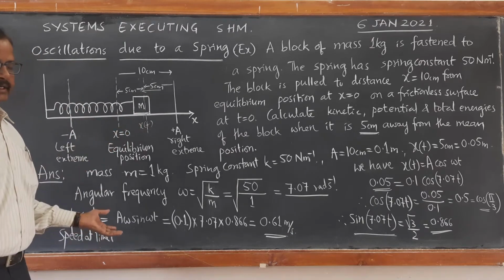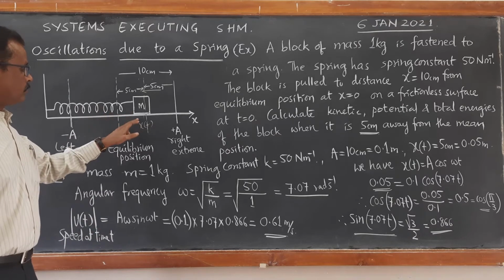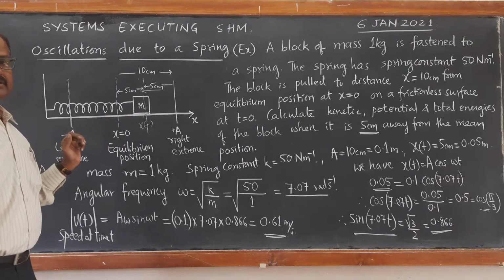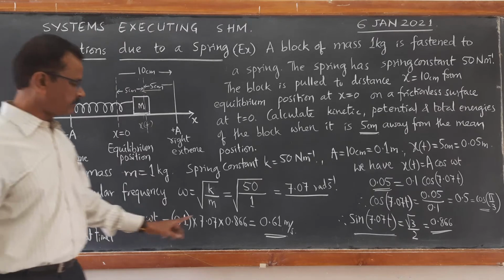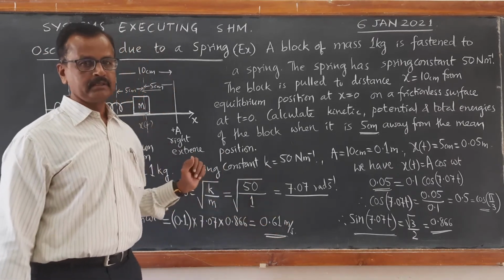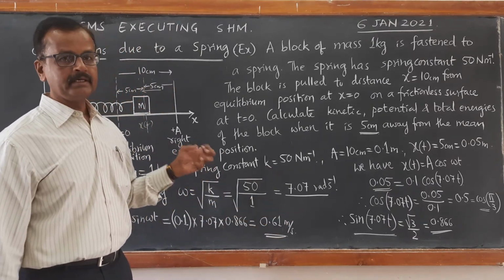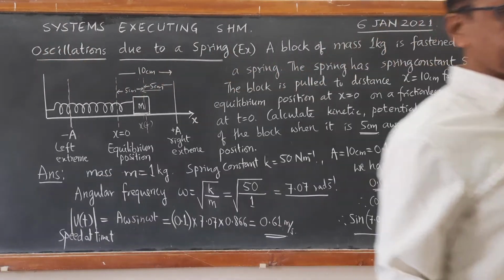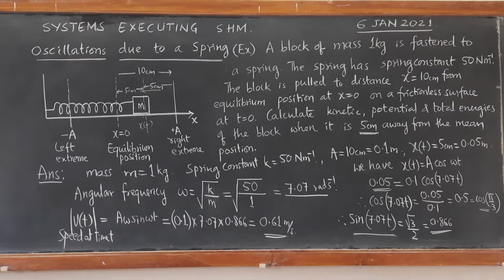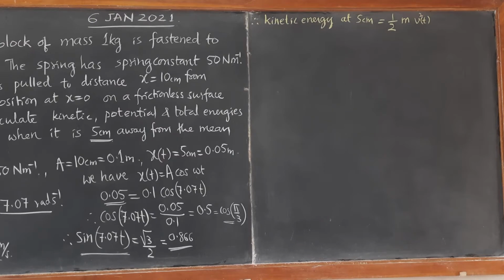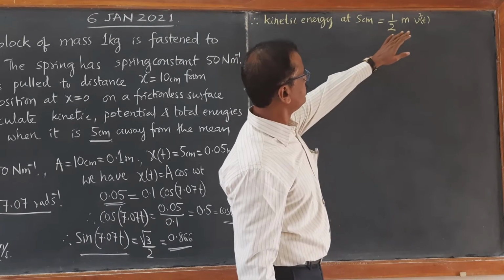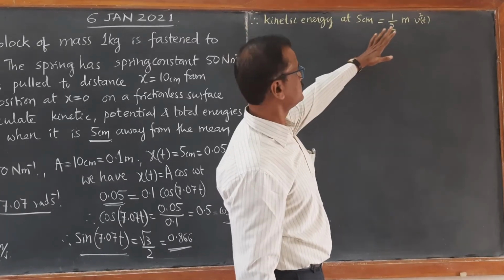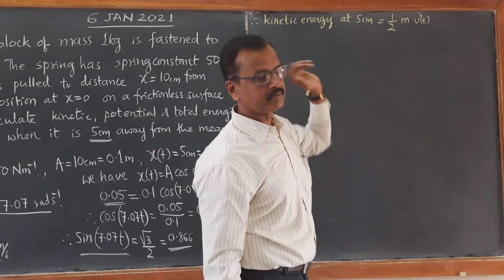So now I can calculate the value of kinetic energy at this point, half m v square. That is half m into 0.61 whole square. Therefore, kinetic energy at 5 centimeter displacement is equal to half m v square, where v is the velocity we have just calculated.